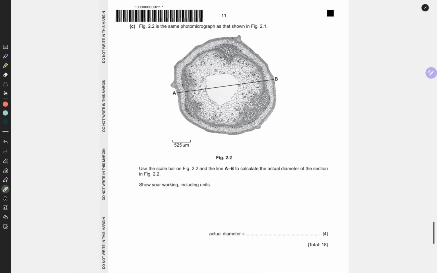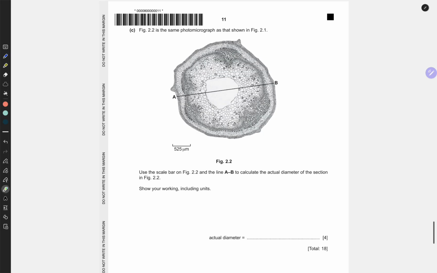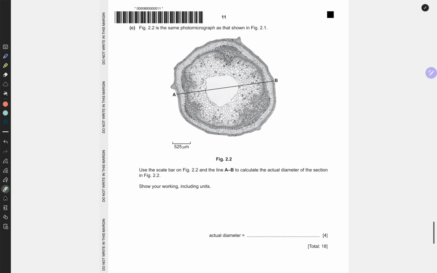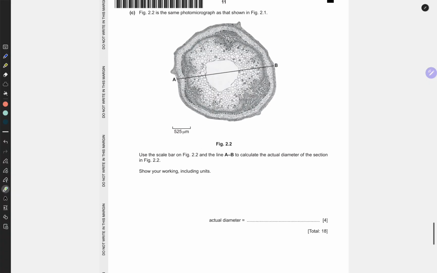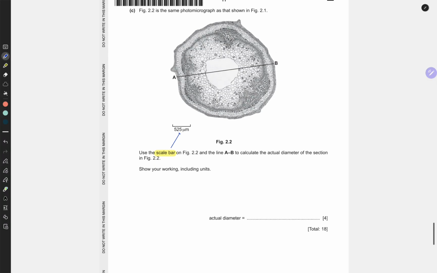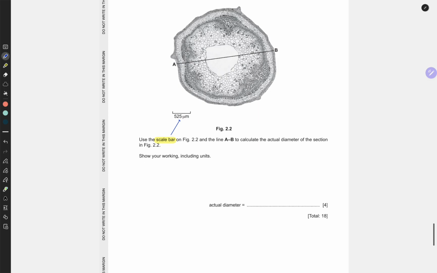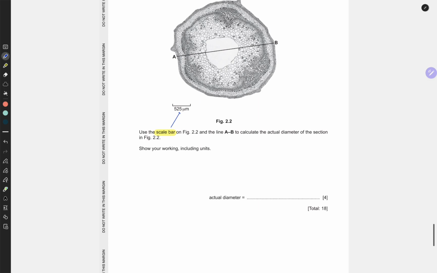For the last question in the paper, Figure 2.2 is the same photomicrograph as shown in Figure 2.1. Use the scale bar on Figure 2.2. This is the scale bar. Use the scale bar and the line AB to calculate the actual diameter of the section in Figure 2.2.